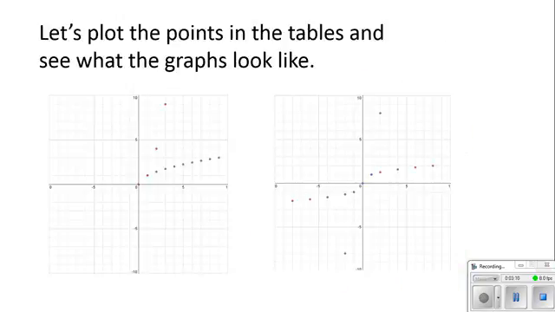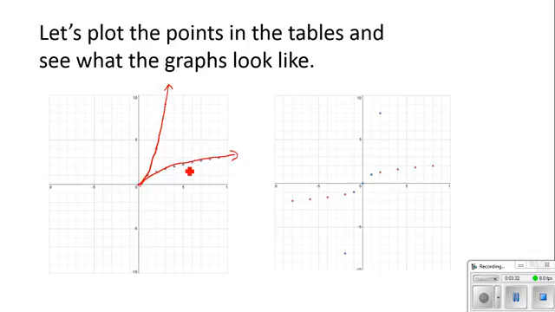Let's plot the points. So if we took the different points there and plotted them, this right here is the x squared. Now on that table we only had half of the parabola, so that was the x squared graph. And then here is the square root graph. Here are the points from the square root.